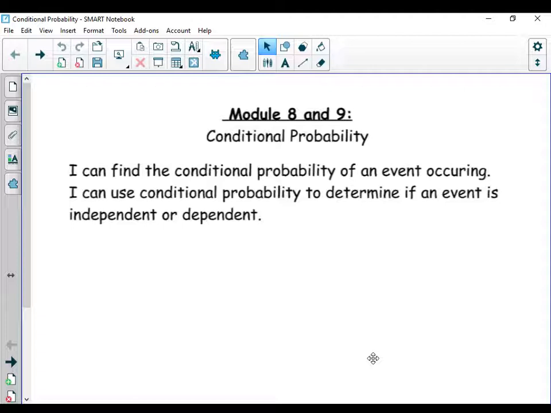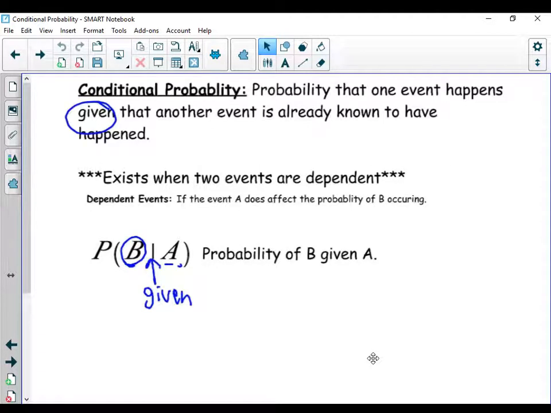Okay, so conditional probability. This one I can definitely get okay with, because there is a particular word inside of each problem that gives you the red flag or the hint to do this formula. And that's that word given.